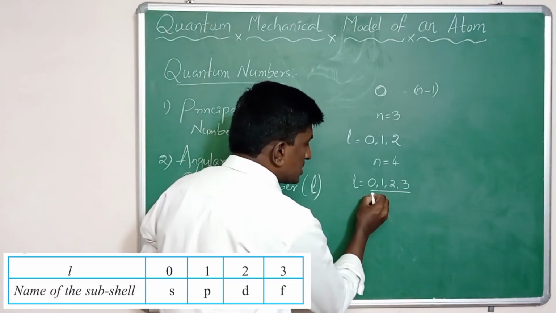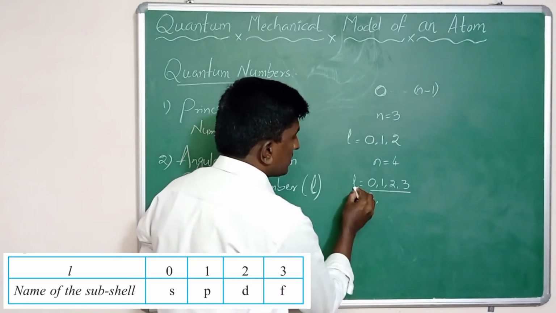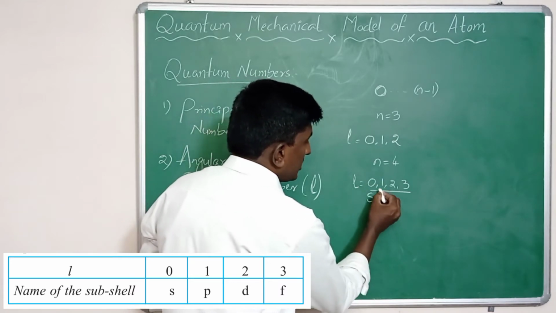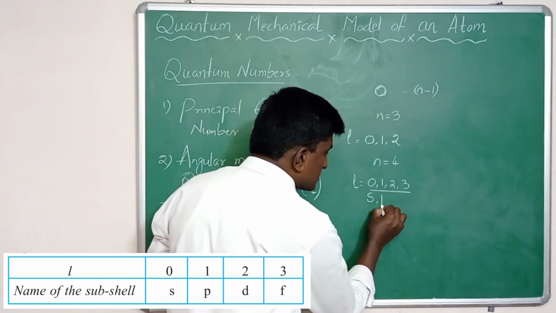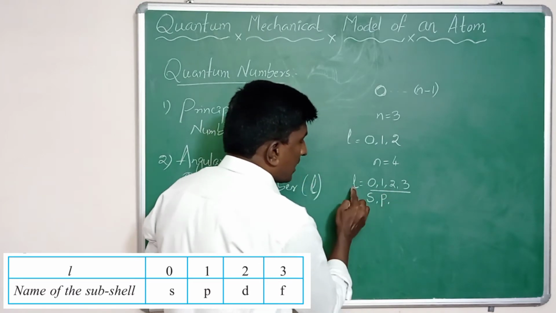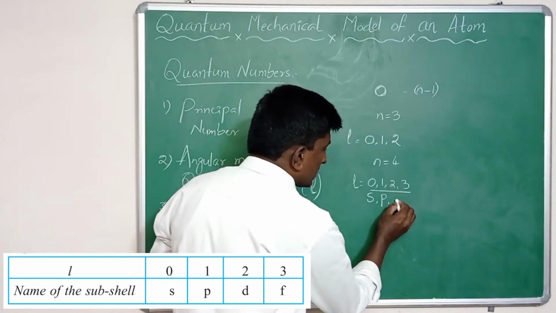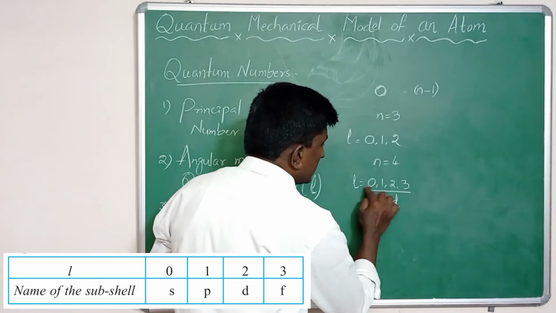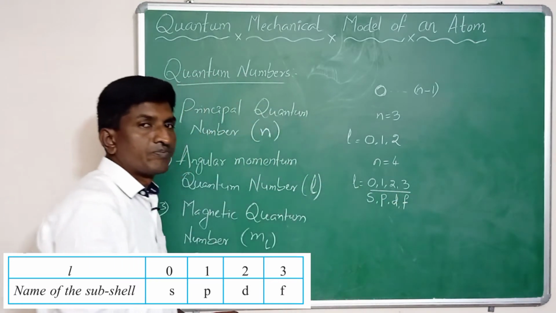If L equals 0, that is the S orbital or S subshell. If L equals 1, that is P. If L equals 2, that is D. If L equals 3, that is F.